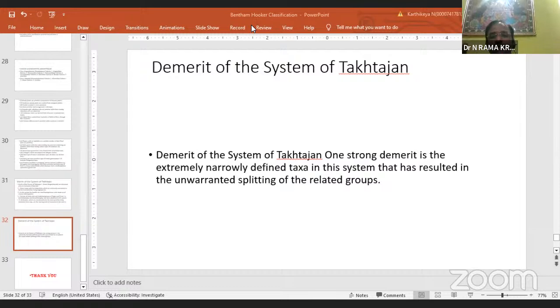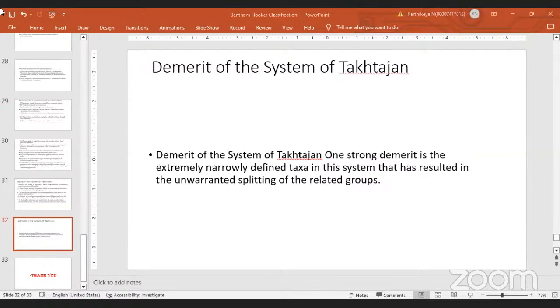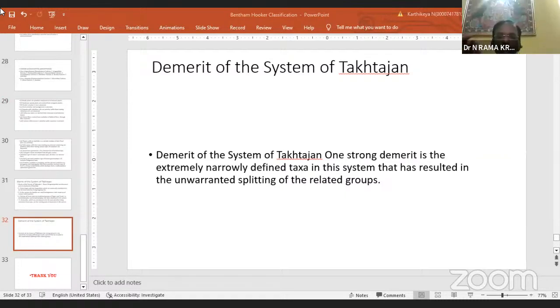One more name is there: APG, the Angiosperm Phylogeny Group. This is a very important classification, the APG classification, under recent trends in plant taxonomy.